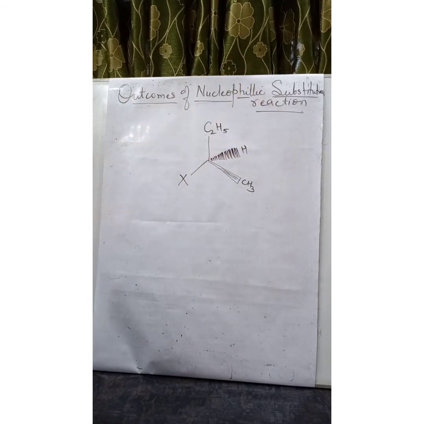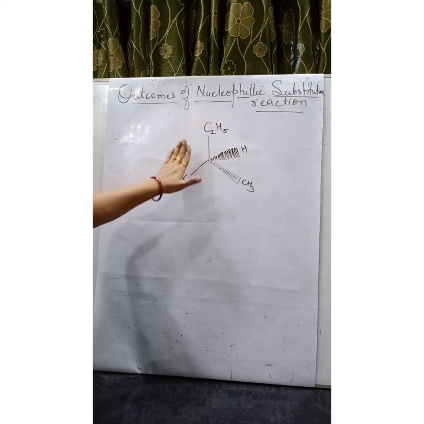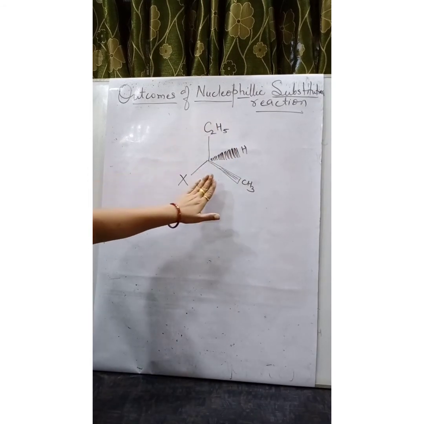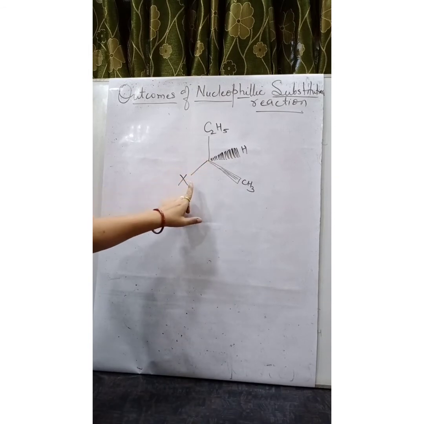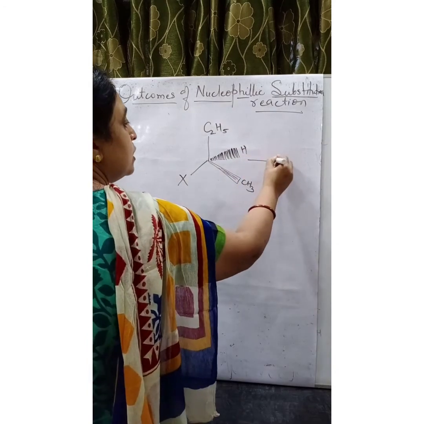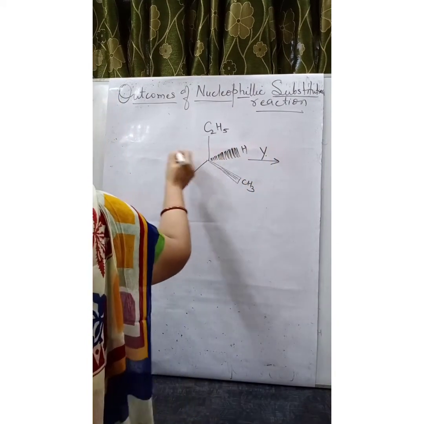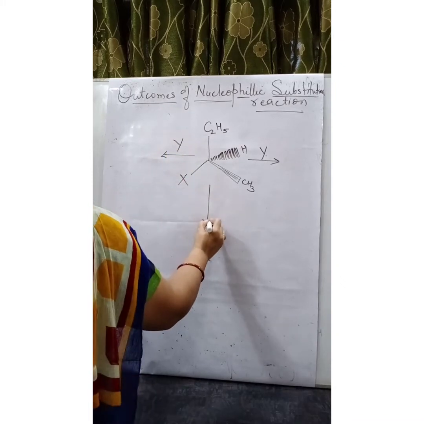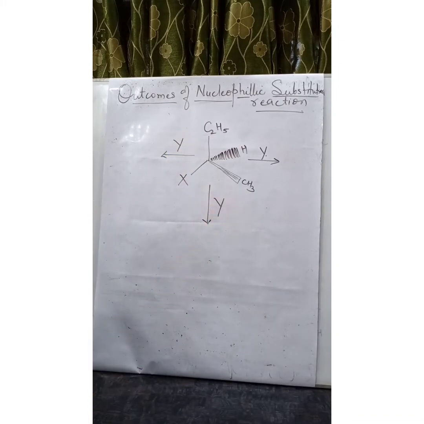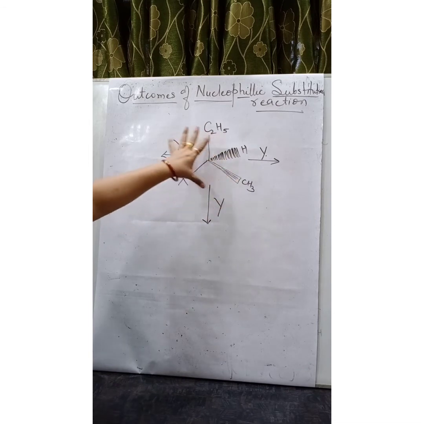If we consider a nucleophilic substitution reaction, then we notice that there are 3 outcomes. Let this be our haloalkane, which is our substrate. It is having a polar C-X bond. Now this is attacked by a nucleophile Y. You would notice that we get 3 different types of products.